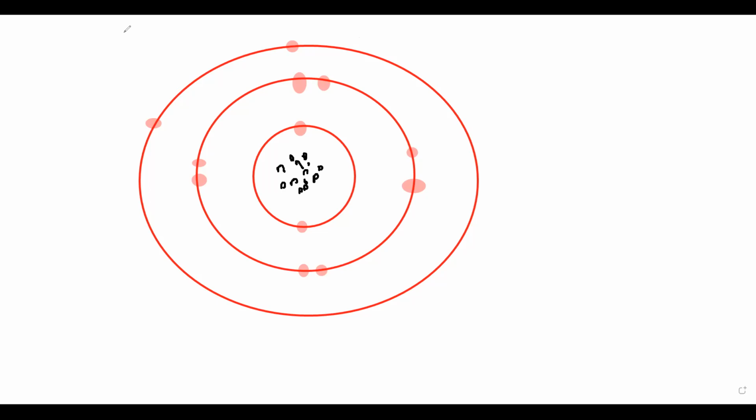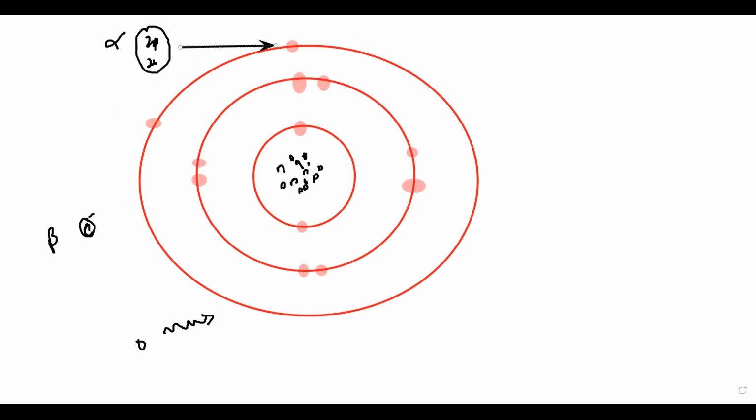For example, alpha means two protons and two neutrons, beta means only an electron, and gamma means only energy. As you can see, alpha has greater mass and greater charge. So what will happen when this alpha particle collides with this electron?